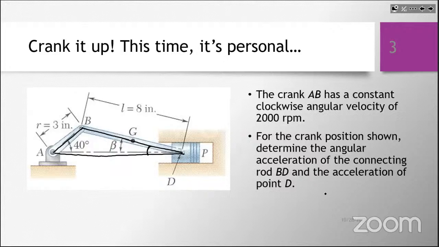I know this angle and these opposite lengths. Sine of 40 degrees over 8 inches is equal to the sine of beta over 3 inches. We just used law of sines. That's where it came from. Apologize for being convoluted about it.